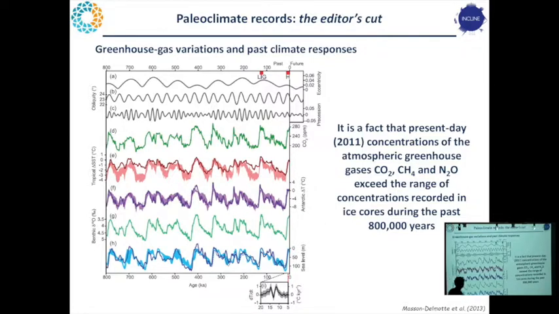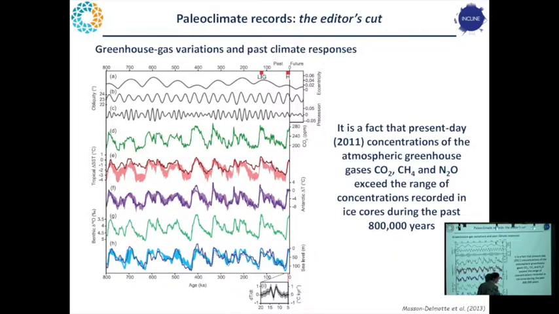Obviously, 400 ppm as we are now, or higher than that, has major impacts on the climate system. What we can see from this relationship, for instance, is CO2 and sea level. We can see that when CO2 is low, sea level is at the minimum.